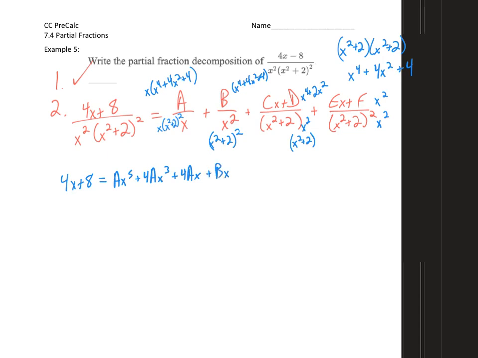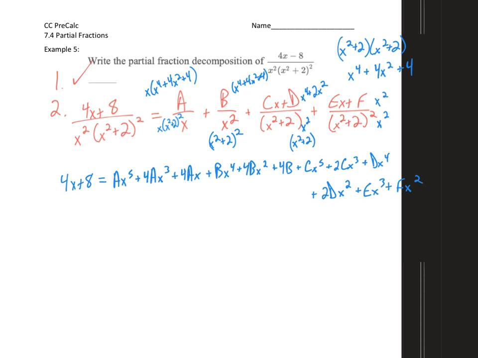Plus a Bx to the 4th plus 4Bx squared plus 4B, X plus C times x to the 5th plus 2Cx cubed plus Dx to the 4th, can't fit it all in one line, plus 2Dx squared plus Ex cubed plus Fx squared. Yikes. Feel free to pause and look back to see where I came up with that. Hopefully I didn't make any mistakes.